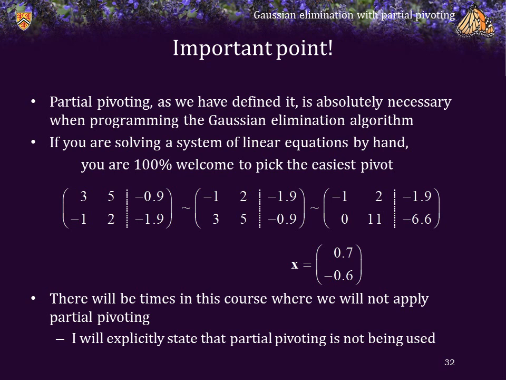Now, once again, when you are applying partial pivoting in this class, just to solve a system of linear equations, it will actually make it generally easier. In fact, if you don't apply partial pivoting, it will actually make the question much more difficult. However, there are particular times where partial pivoting will not be used, and you will be made aware of this, and you can choose whichever pivot you deem will make it easiest for you.